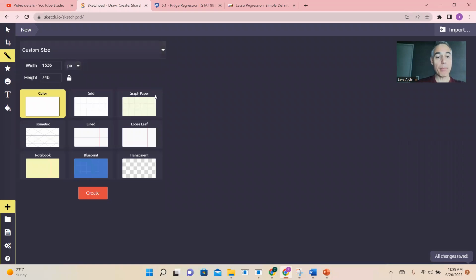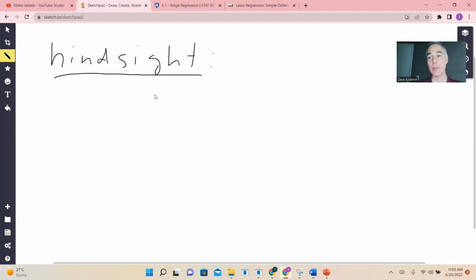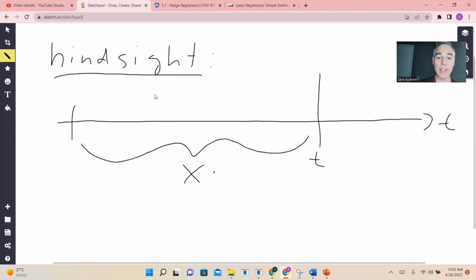So let me just talk about hindsight bias here. When you model such a contrarian trading strategy, if this is your timeline, then you will be using all the information that is available up to time T. So that's your XT.